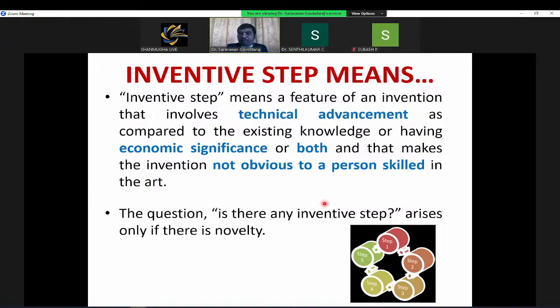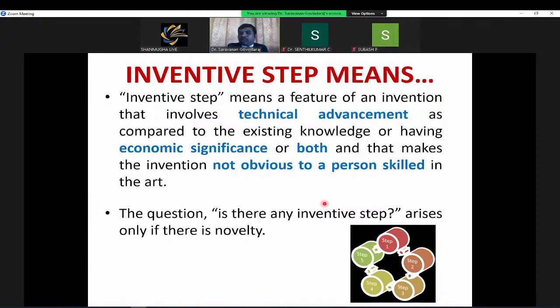Compared to that product, if you produce the same product at a lower cost because of an advancement in technology, then you can go for your process patent. Or both things: there will be a technical advancement as well as an economic significance. Then that indicates there is an inventive step.